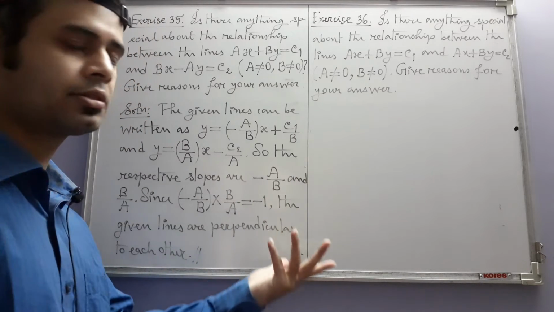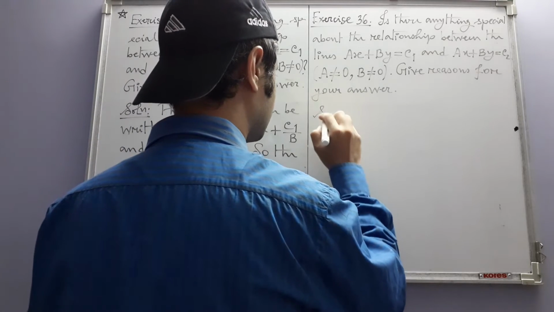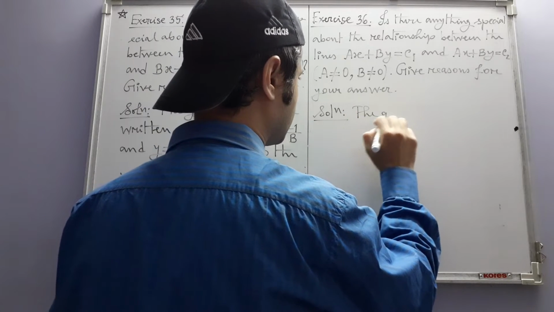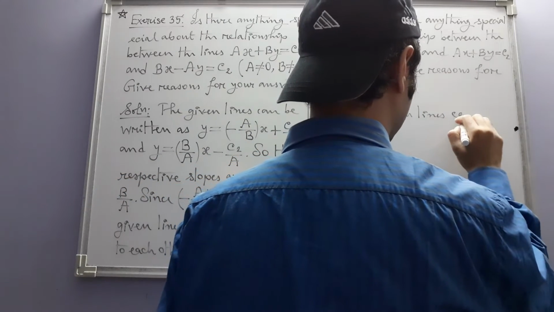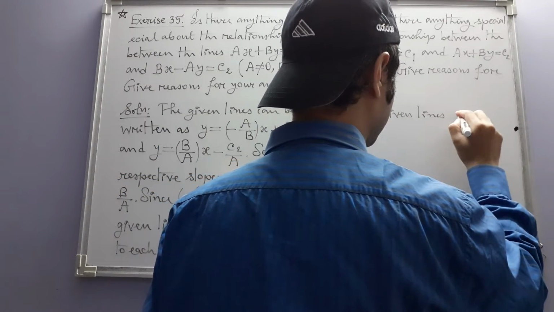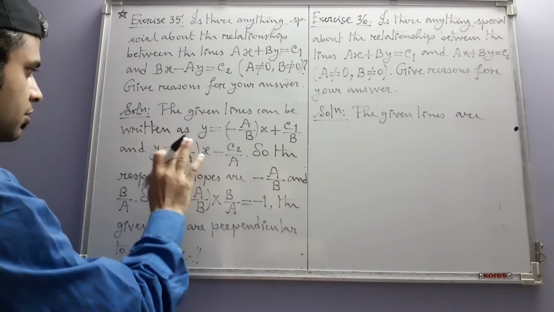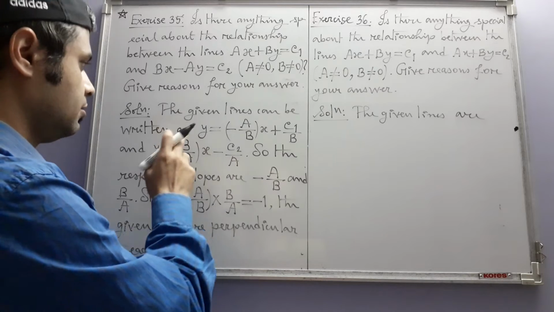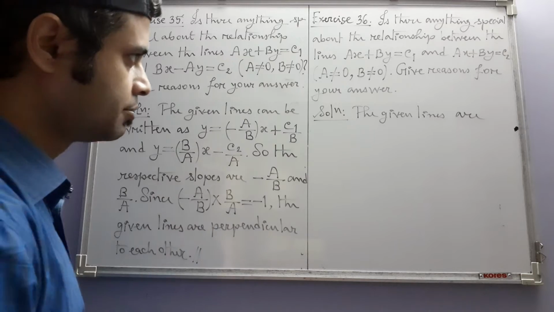Here also we will just simply find the slopes and then see how the slopes are related. The given lines can be written as, usually it's not written like this. Rather, one would write the equations of the given lines can be rearranged like this.